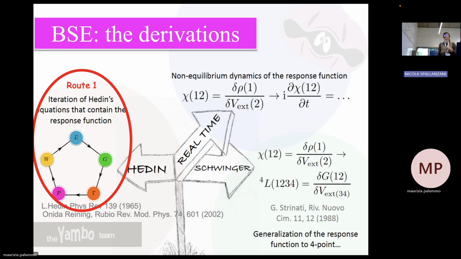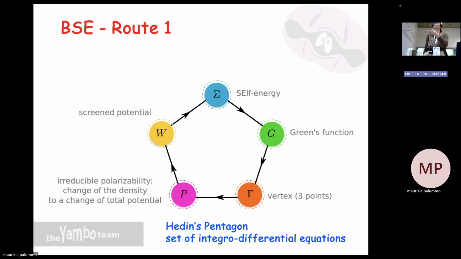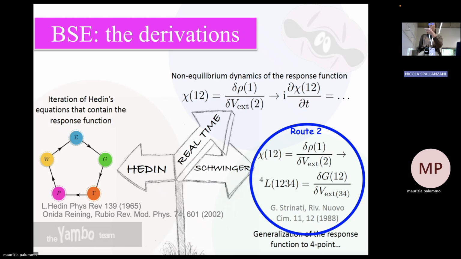A second possibility that I try to mention is to derive the same Bethe-Salpeter equation through a generalization of the dielectric function in the linear response, introducing a generalized 4-point equation. Let me come back later on this.